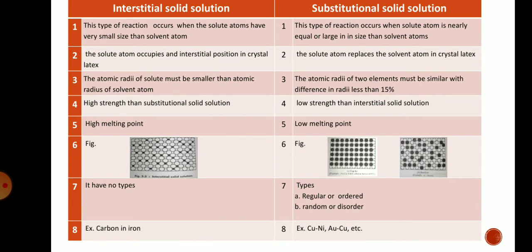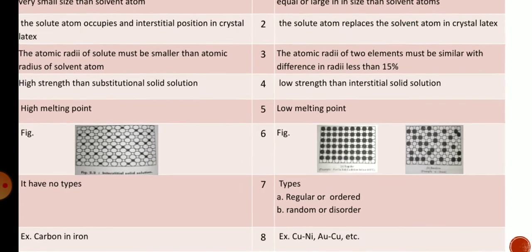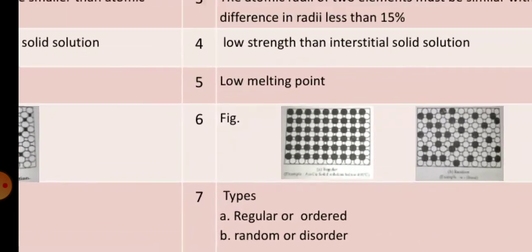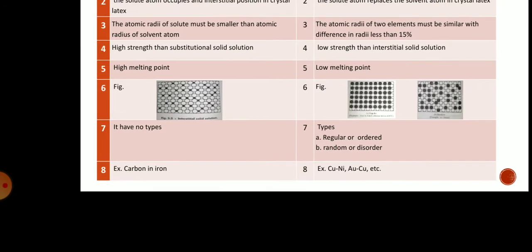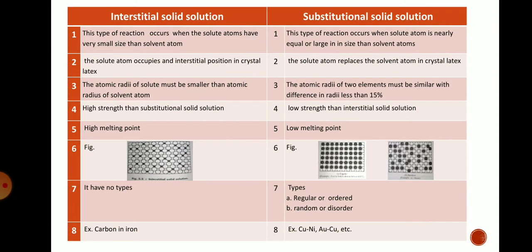Whereas in substitutional solid solution, the solute atom replaces the solvent atom in the crystal lattice. So in substitutional solid solution, you can observe here that alternately the atoms of solvent are replaced by the solute atom. That's why the name suggests that it is a substitutional solid solution. That is the second difference point we have seen.